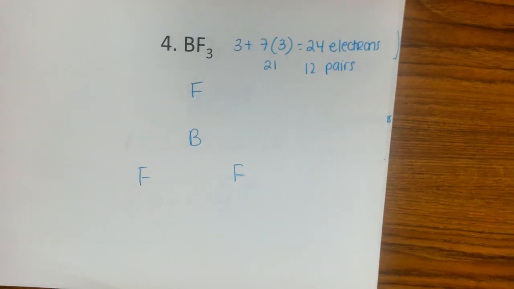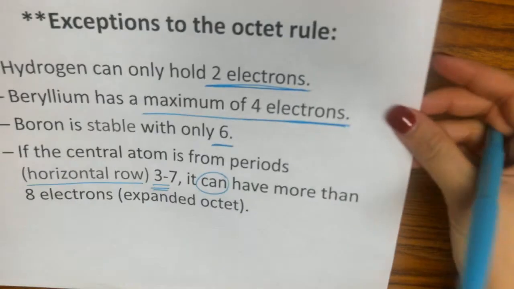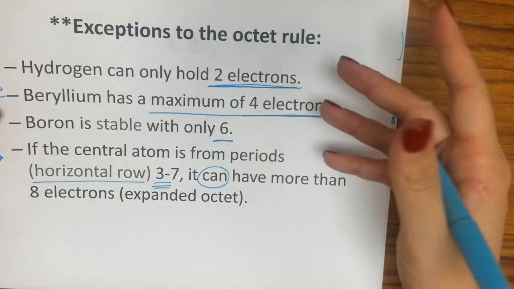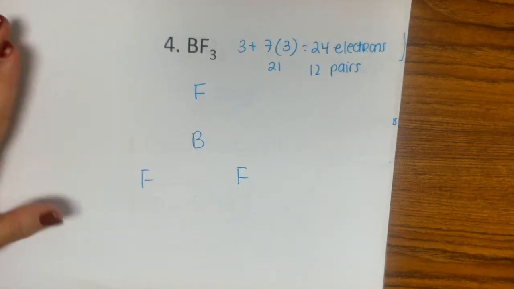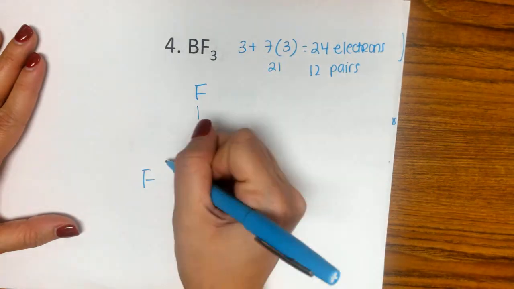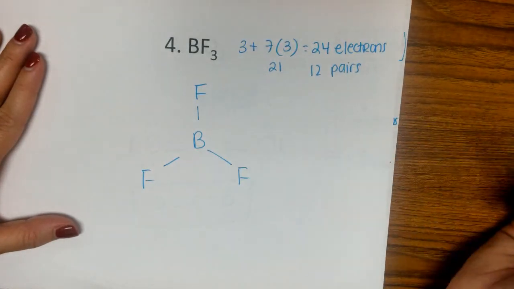Now boron, I hope when you see boron you remember that it is an exception. And the rule for boron is stable with 6 electrons. So boron doesn't need 8. Okay. So connect the atoms to the center using a single bond. Boom, boom, boom. I've used 6 electrons, and now we're going to put them on fluorine.